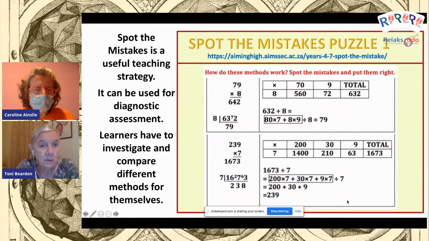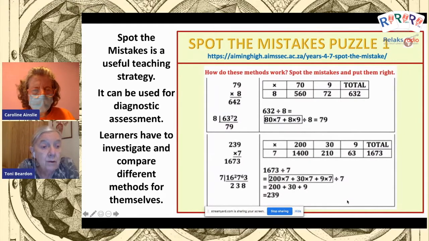Now, this first one shows 2 digits, 79, being multiplied by 8, and 3 digits, 239, being multiplied by 7, but it shows this multiplication in different ways, and it shows division as well. So there's a lot in there.